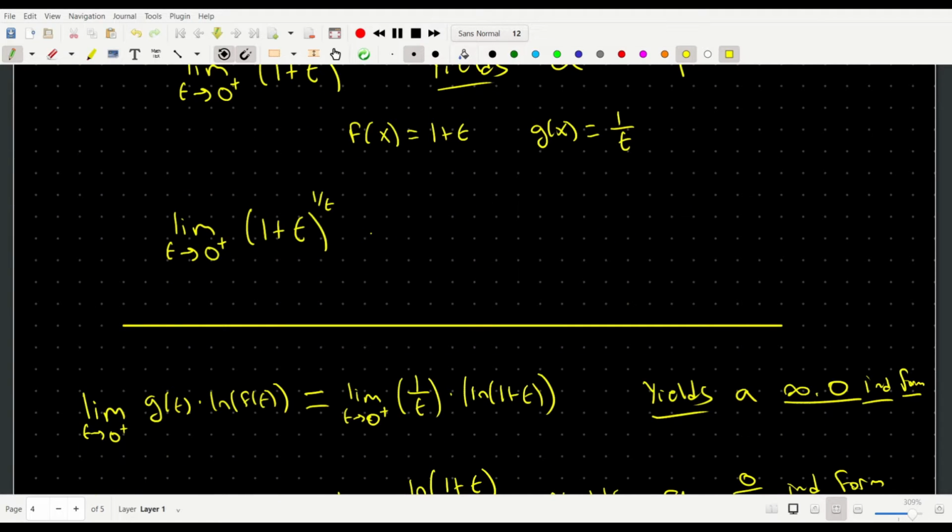So it's e to the power of this limit that we just calculated. This limit is just 1, so it's e to the power of 1, or approximately equal to 2.718.